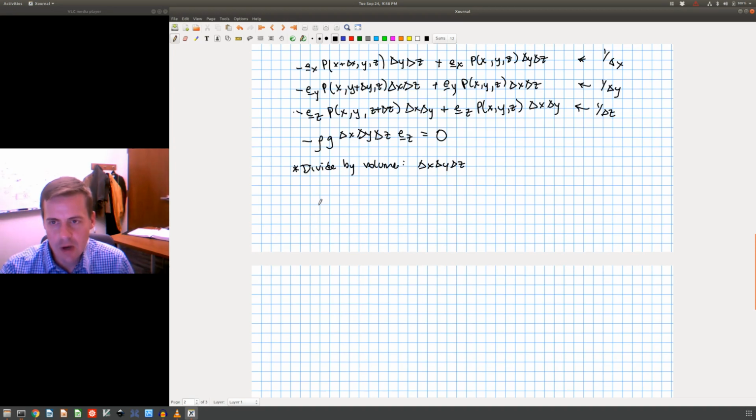So I now have minus e_x (p(x + Δx, y, z) minus p(x, y, z)) divided by Δx. I'm going to put a bracket here, and that will mean this has a minus sign because I pulled a negative out. Minus e_y (p(x, y + Δy, z) minus p(x, y, z)) divided by Δy.